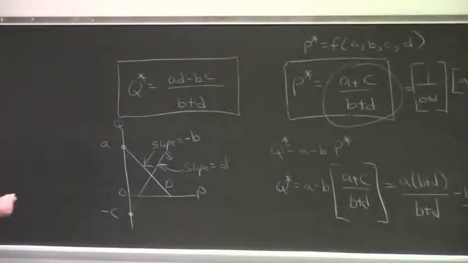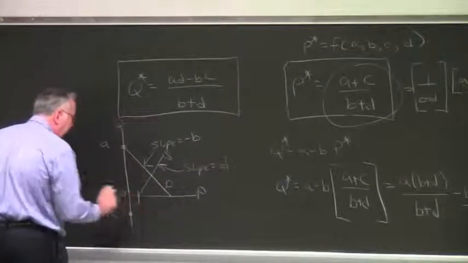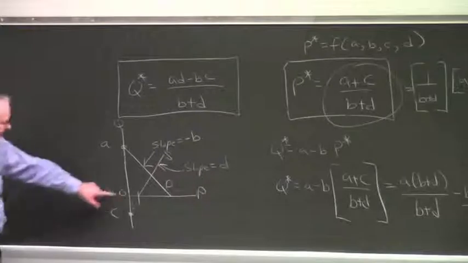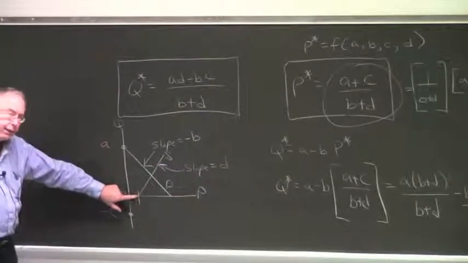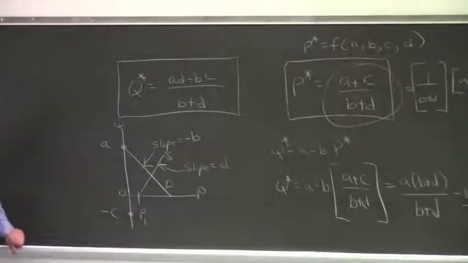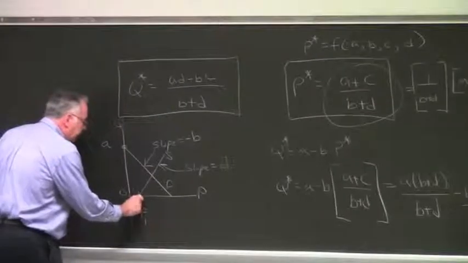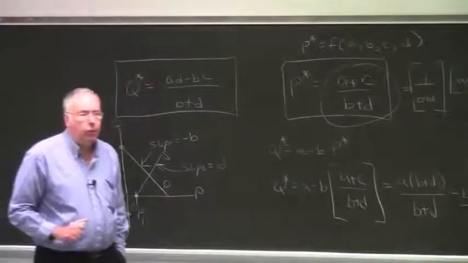What that really means, if you draw this supply curve, it's going to intersect the horizontal axis at some price. Let's call it P1. Notice at this price, P1, the quantity supplied is just 0. So this is the lowest price you could possibly have, P1.